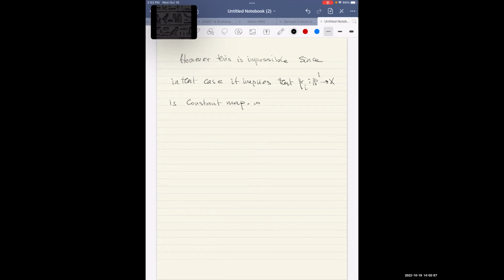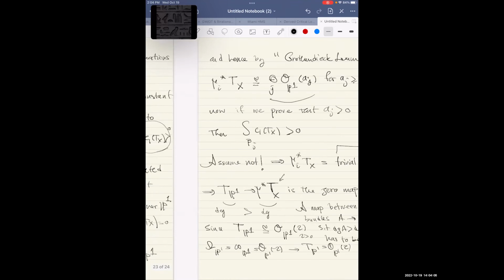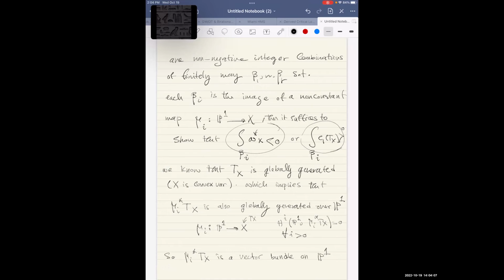Which is a contradiction with the assumption. There are finitely many curves, beta 1 through beta r, for a homogeneous variety G modulo parabolic subgroup P, such that all the curves are generated by these finitely many betas, and the maps that produce these curves with these classes are non-constant maps.